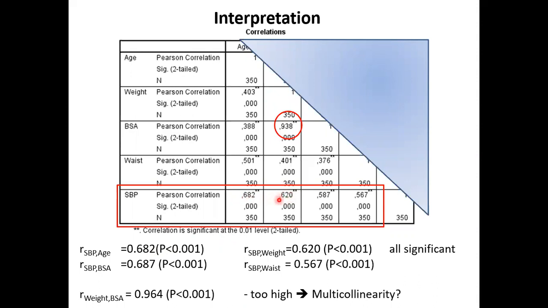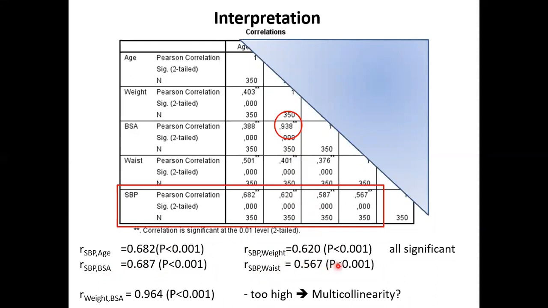Next one is weight, right? 0.2, that's for weight. Again, similarly, a significant P value, less than 0.001. Next one is body surface area, same thing. And the last one is waist, same thing here.